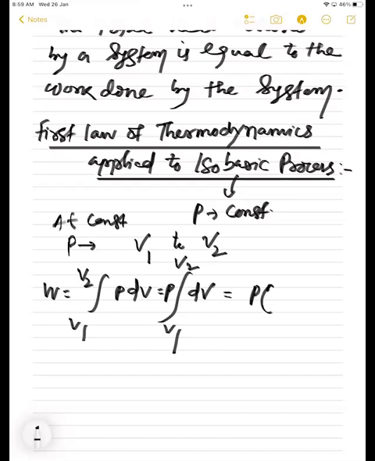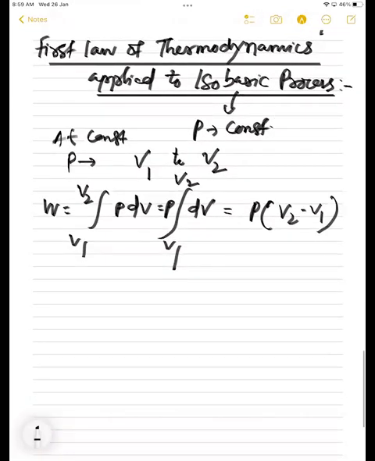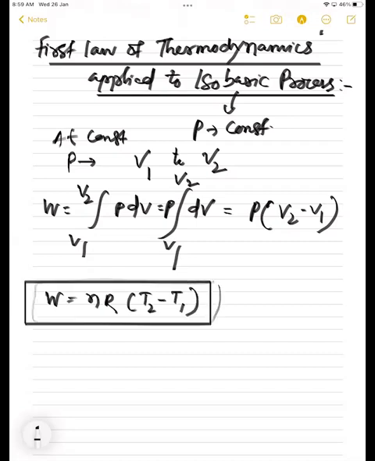So the work done is P into (V2 minus V1), correct? And you know that PV is equal to nRT, students? So we can write W is equal to nR into (T2 minus T1). Got it, students? This is the work done in the first law of thermodynamics applied to isobaric process.